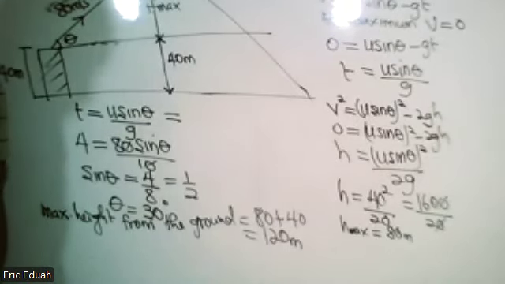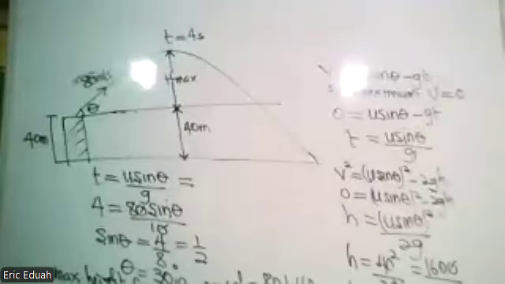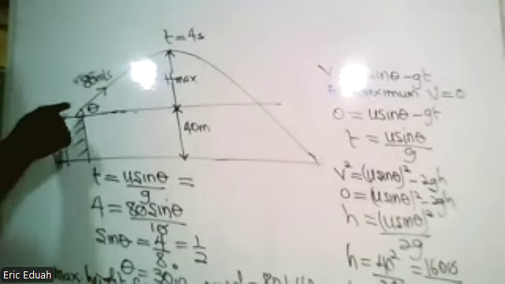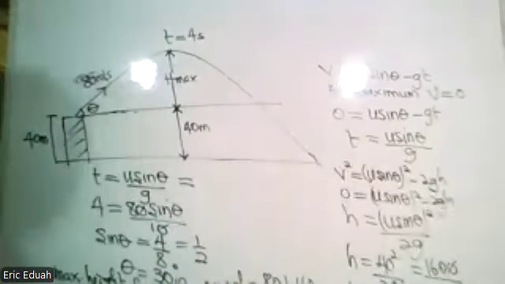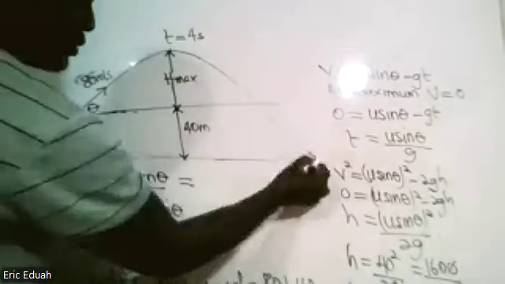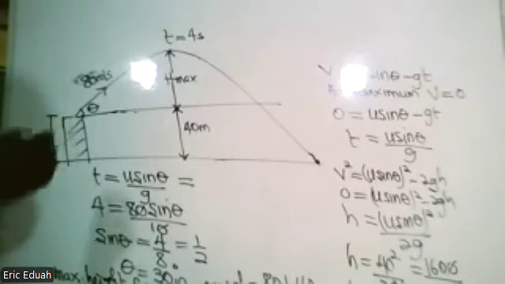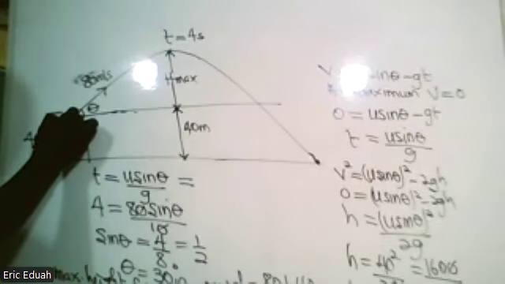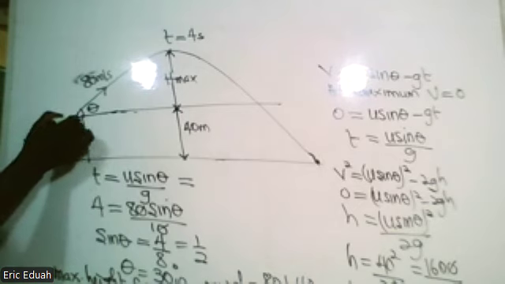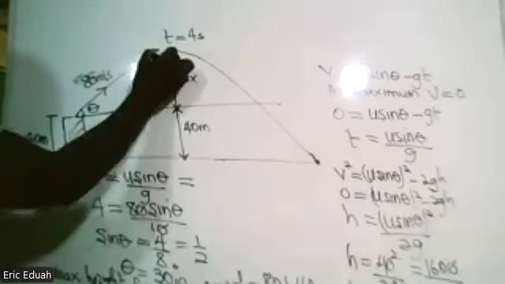Time of flight. What is the time of flight? The time of flight is the total time taken from start to when it drops on the ground. Now, we are given the time taken from the point of projection to the maximum height.